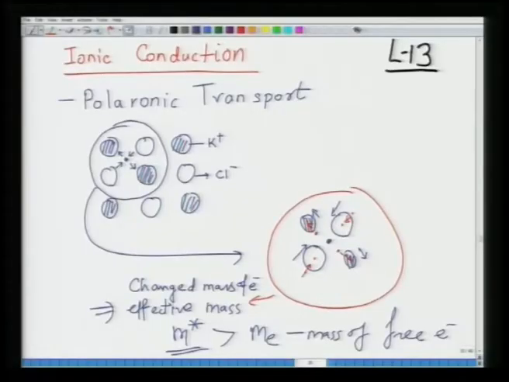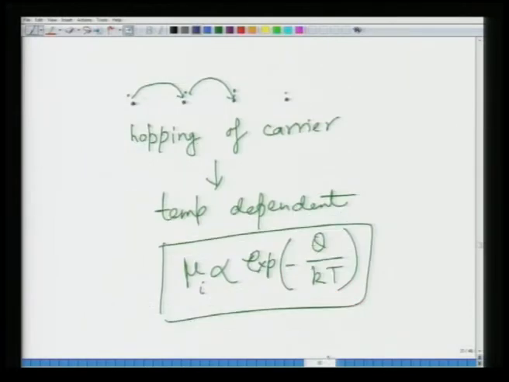This proximity also changes the effective mass of the electron, and usually it is heavier than the mass of a free electron. Also, since it is associated with the lattice, it moves from one side to another by hopping of the carrier. As a result, it is temperature dependent.